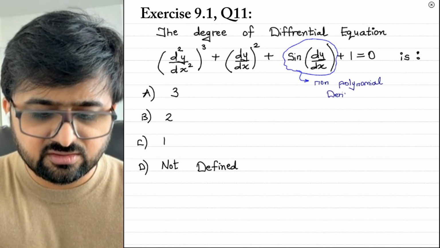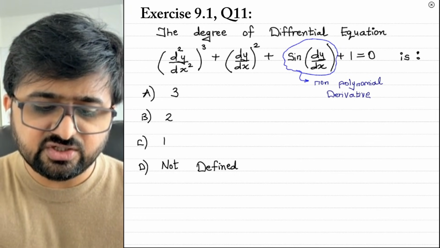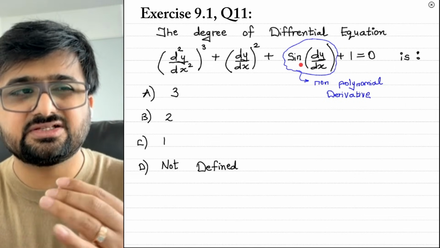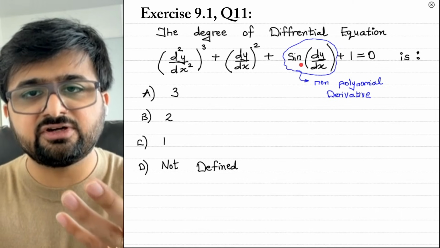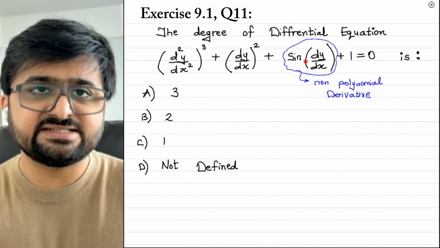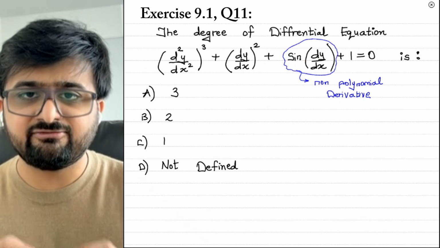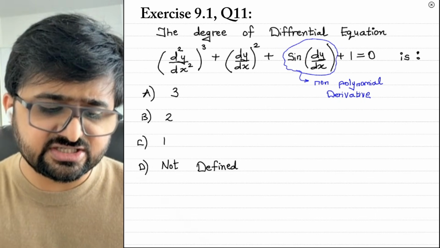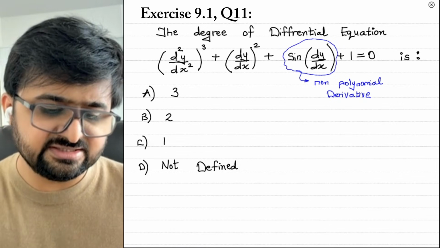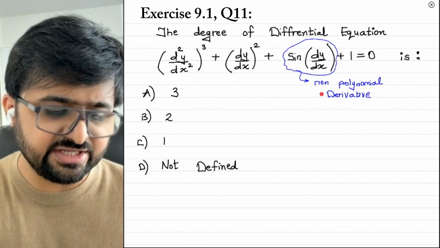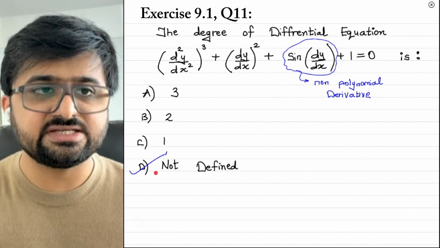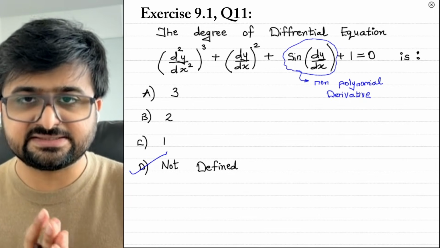Note that the non-polynomial term should be in the derivative, just like sine dy by dx, cos dy by dx, log dy by dx, e to the power dy by dx, and so on. Whenever the derivative is present in a non-polynomial function, such a differential equation's degree is not defined. So in this case, because of this non-polynomial derivative being present, the degree of this differential equation is not defined. I hope that is clear.